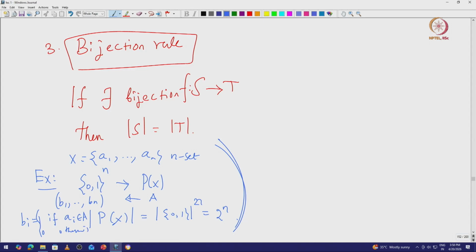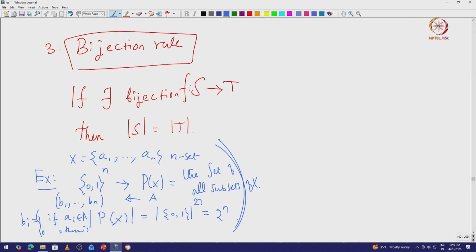This is the map that I already discussed a long time back. That gives you a bijective correspondence between P(X) and {0, 1}^n, where P(X) is nothing but the set of all subsets of X.